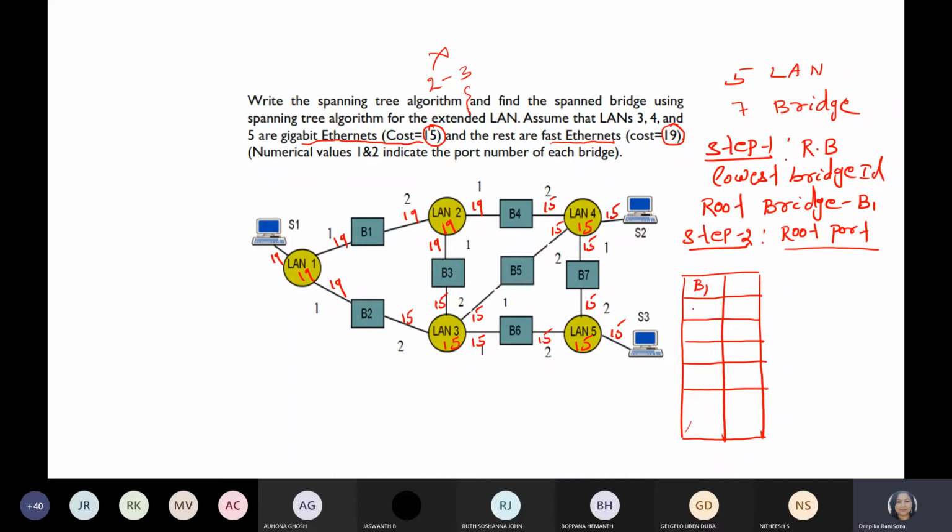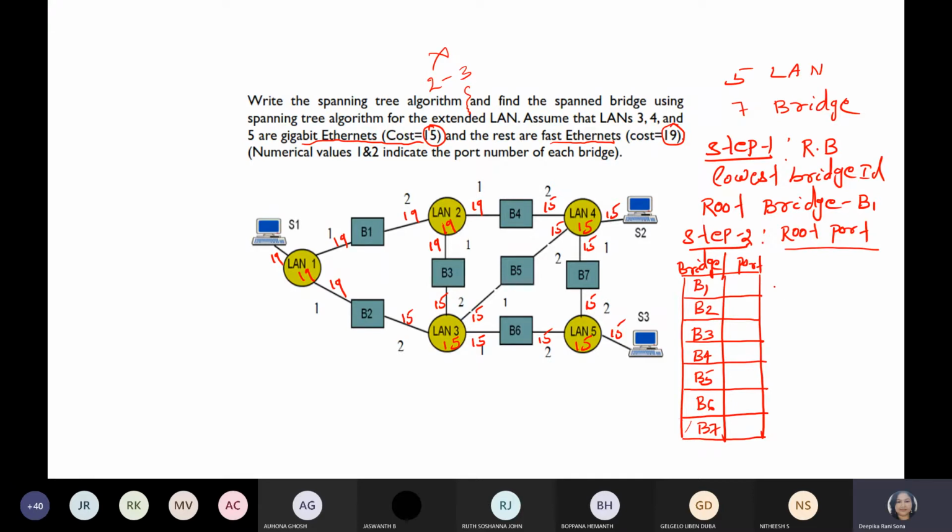This is bridge 1, bridge 2, bridge 3, bridge 4, bridge 5, bridge 6, bridge 7. And this is for port, the respective port number we have to find out.